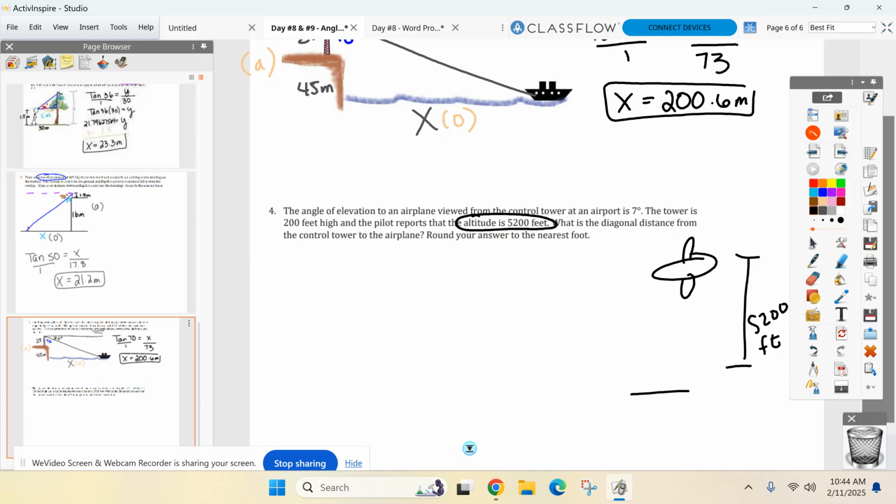Tess, I said a control tower, not a bone. I'll take a blimp, Henry.